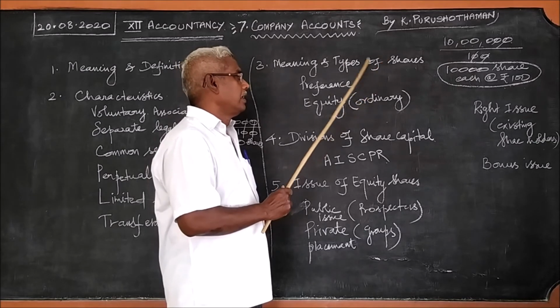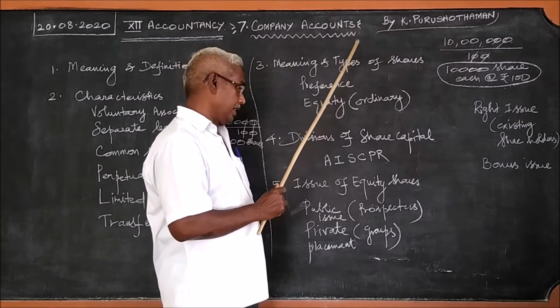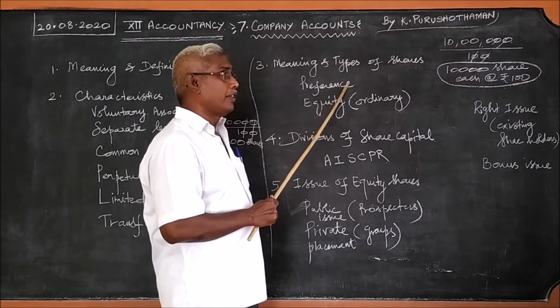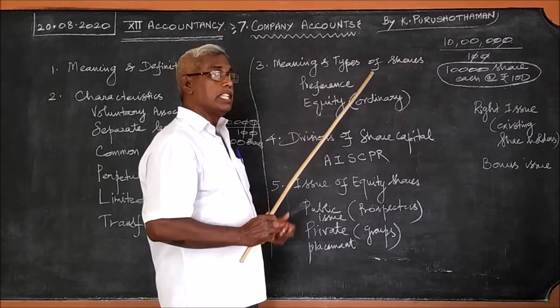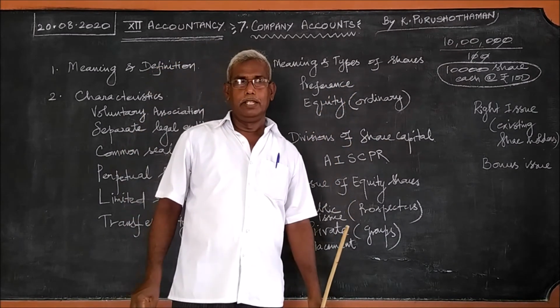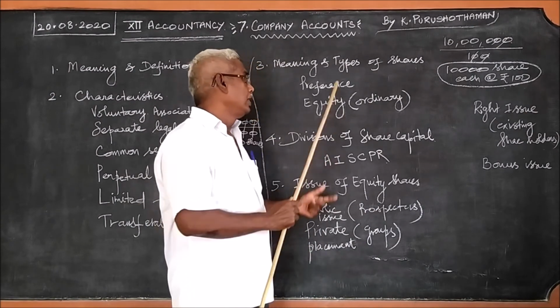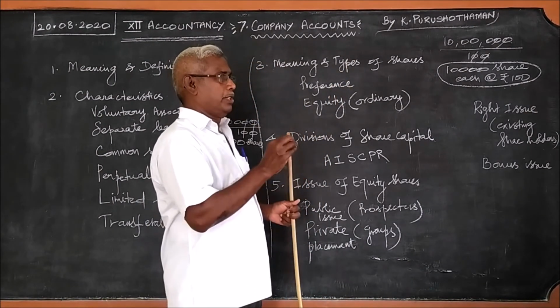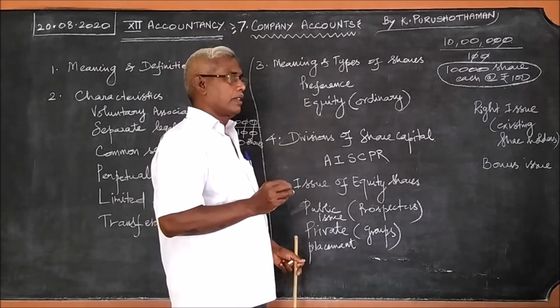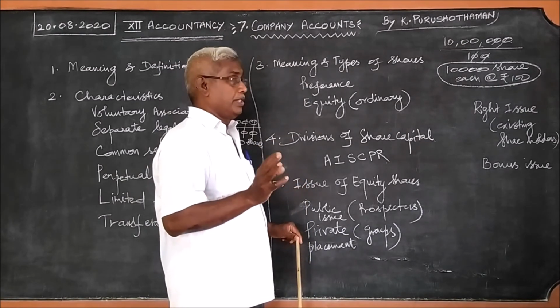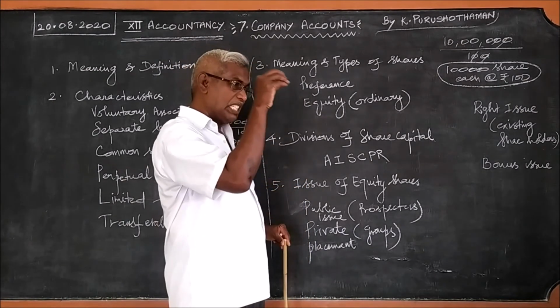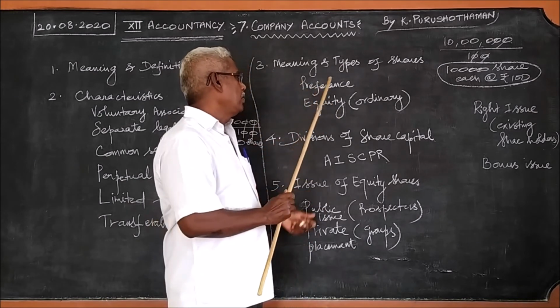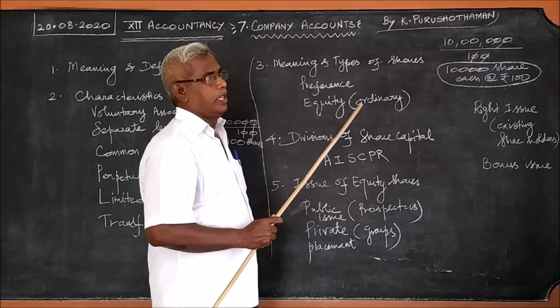Here, the profit given to preference shareholders is fixed: 6%, 5%, even sometimes 10%. Only it is fixed. Then what about equity shares?